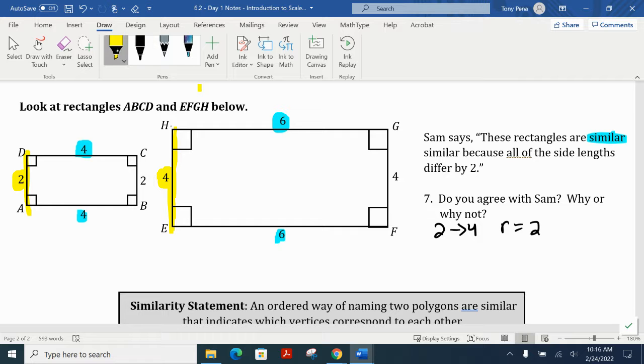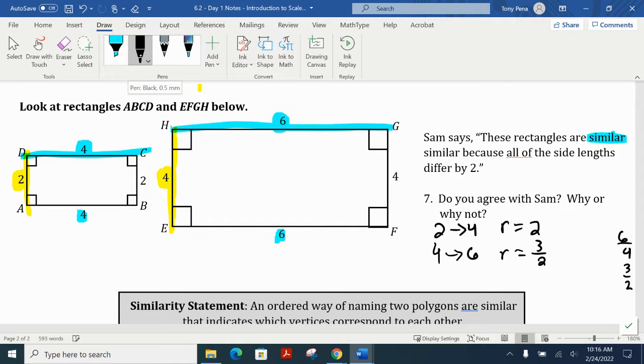If I go to my blue sides then, these guys up here, and I now want to go from a 4 to a 6, does multiplying by a 2 take us from a 4 to a 6? No. That ratio would be the 6 divided by a 4, which is 3/2.